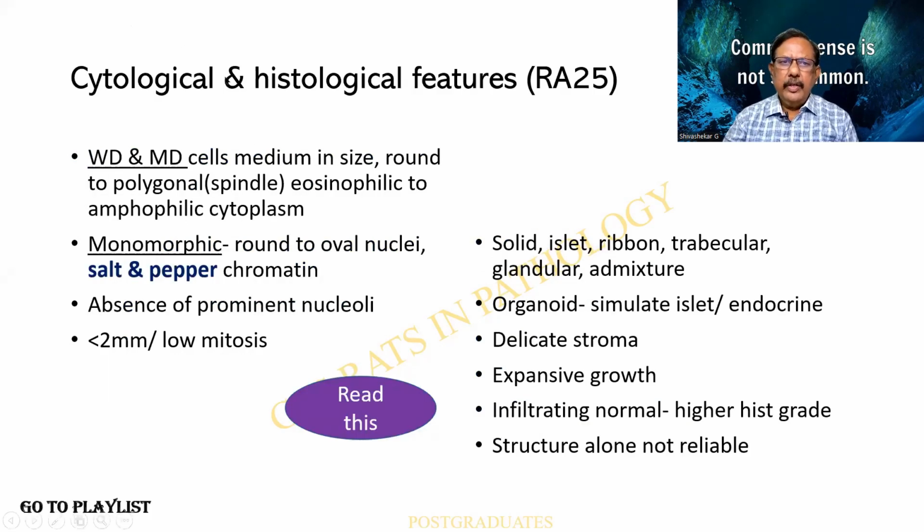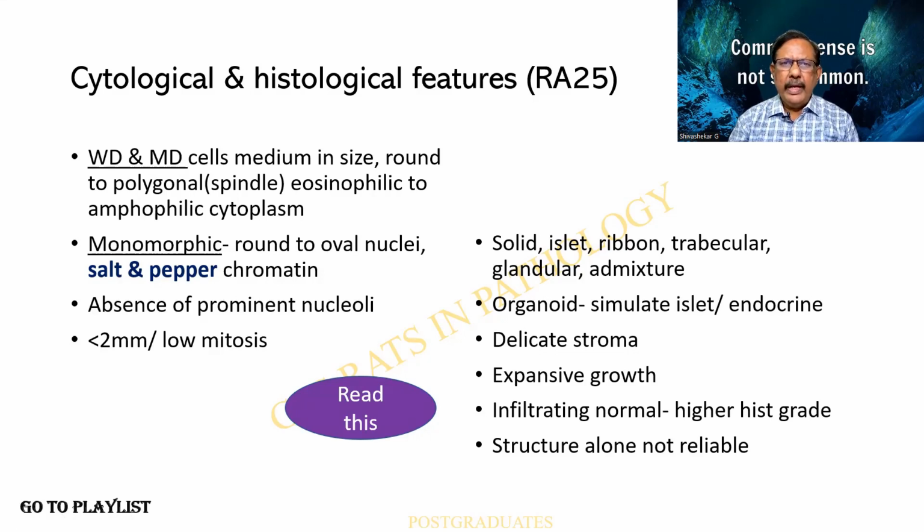Now, what are the cytological and the histological features of a neuroendocrine tumor? In this reference, the authors have given the features of well-differentiated and moderately differentiated tumor cells. They are medium in size, round to polygonal. Sometimes they can be spindle-shaped. They have an eosinophilic or an amphophilic cytoplasm. Amphophilic means it is a mixture of eosinophilic and basophilic.